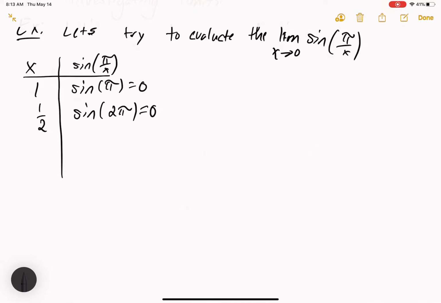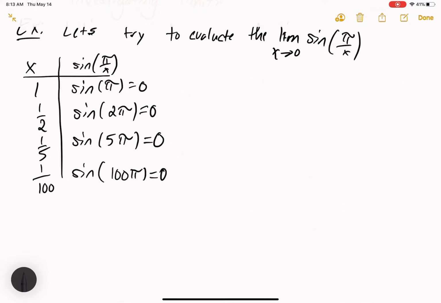So if we do 1/5, we get sine of 5 pi, which is equal to 0. If we do 1/100, we get sine of 100 pi, which is equal to 0. And we can keep on choosing numbers like that. Any number that's just 1 over some integer is going to be equal to 0.